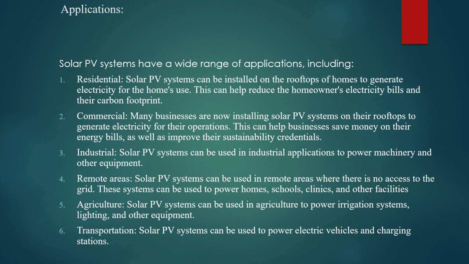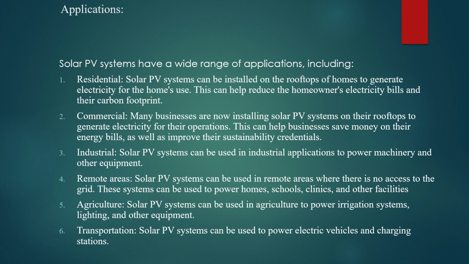The third one, industrial. Solar PV systems can be used in industrial applications to power machinery and other equipment. The fourth one is remote areas. Solar PV systems can be used in remote areas where there is no access to the grid. These systems can be used to power homes, schools, clinics, and other facilities.